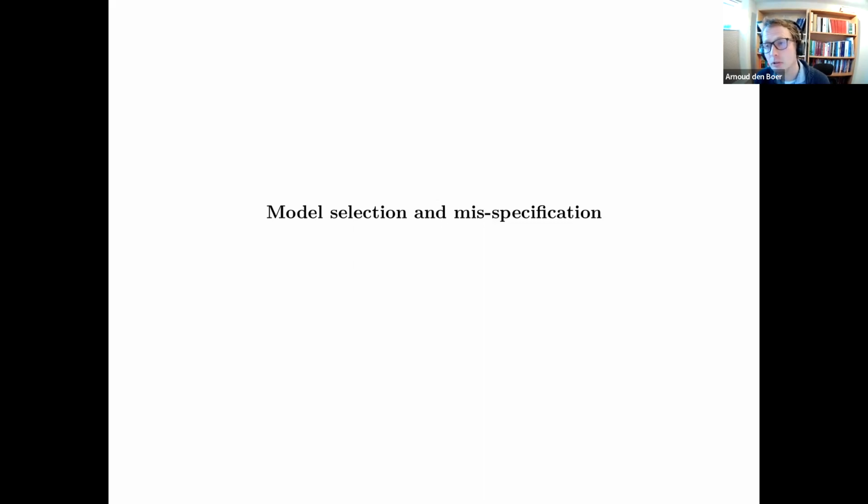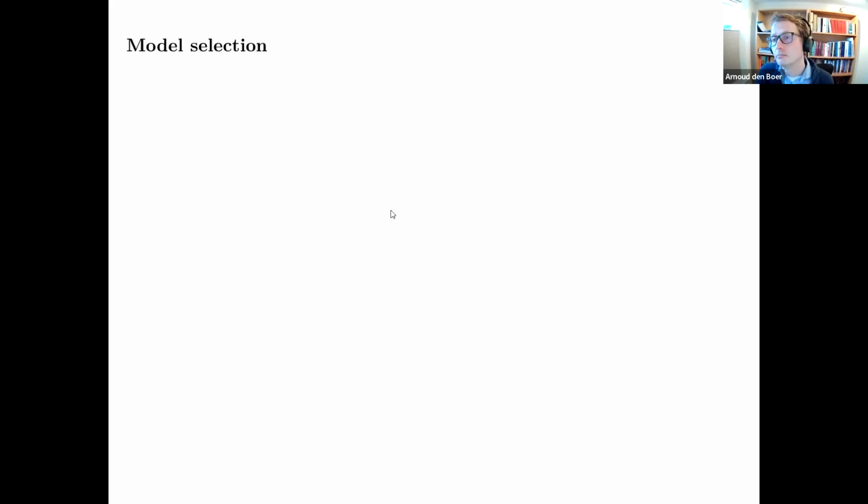And then you may wonder, well, why do you study such a specific case? You run the risk of model misspecification if you assume that the demand function, for example, is linear. Why would you do that? Can't you just develop techniques without this restrictive assumption? Well, that's of course a valid question. So I want to spend some time on this.